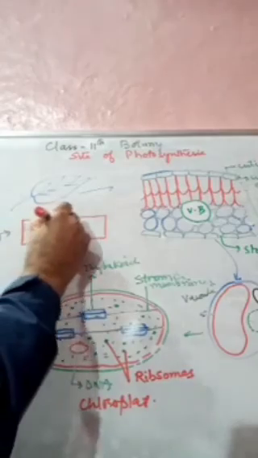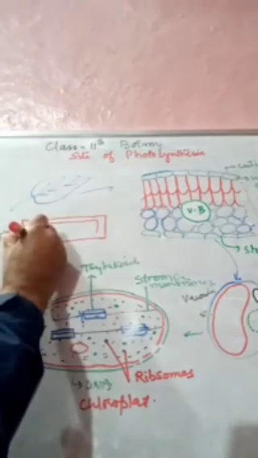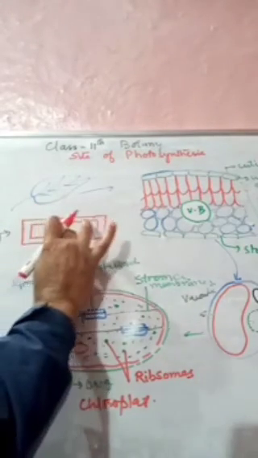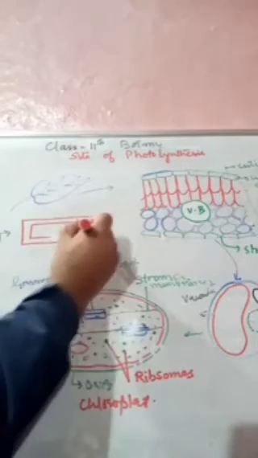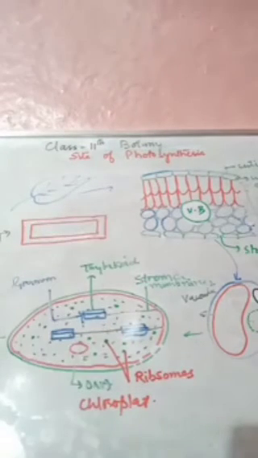On this thylakoid membrane, we will see the pigments, and these pigments are the chlorophyll.